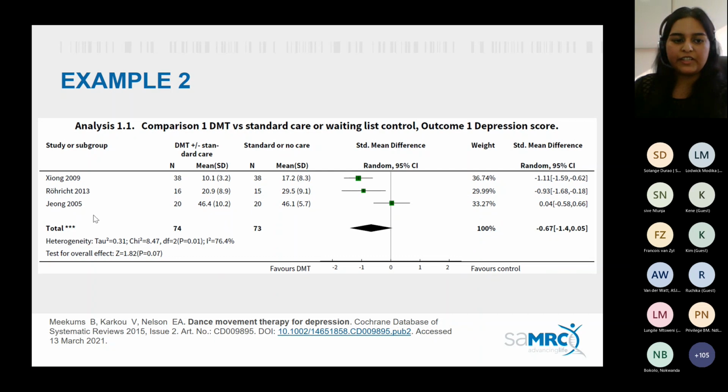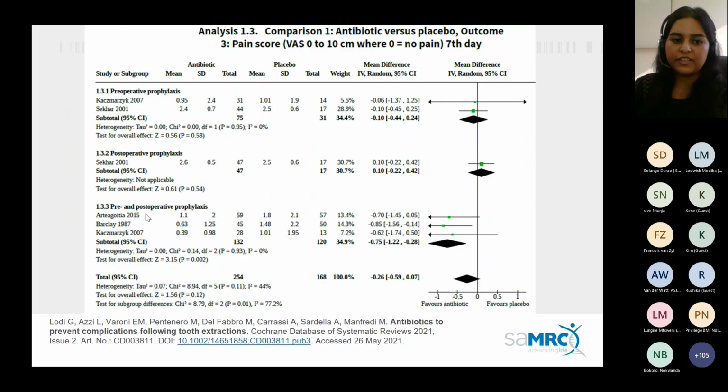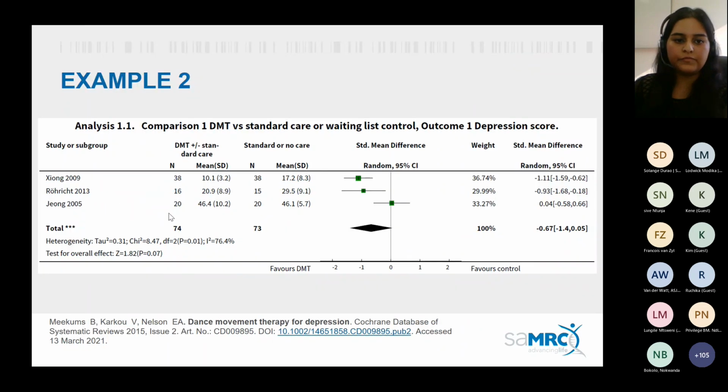If we have a look at our heterogeneity statistics, with our chi-squared test we see a p-value of 0.01, which indicates that yes, there is heterogeneity. And we have our I-squared statistic, which is 76.4%, which indicates quite a bit of heterogeneity, so high heterogeneity.